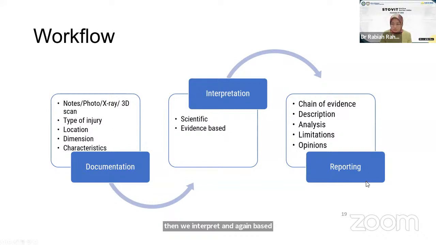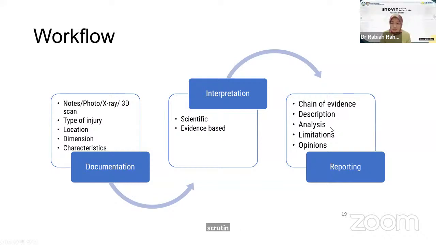And for reporting, we make sure that we include a chain of evidence. This is very important, not only for forensic, but for law, they will scrutinize us on chain of evidence.